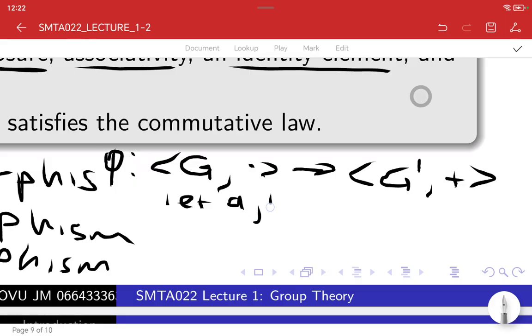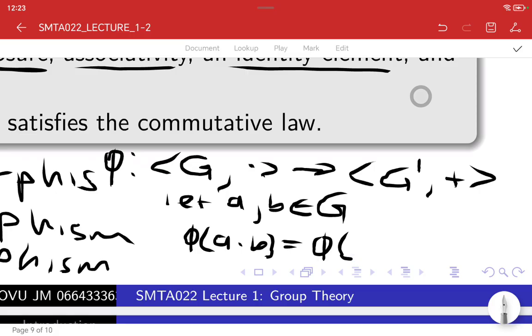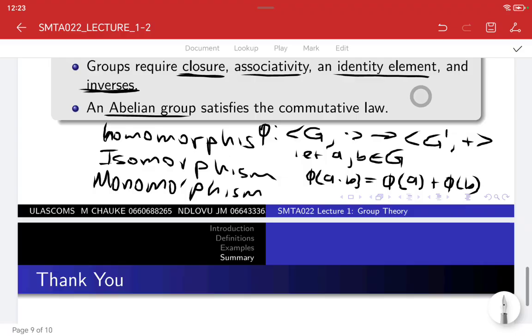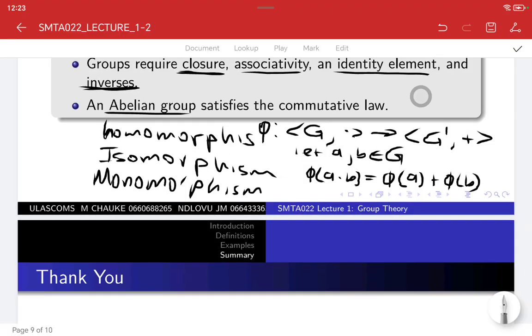So I take A, B, which are elements of G, which has a binary operation of multiplication. Then I apply the function to A times B, and I find that the solution is phi of A plus phi of B. Therefore I can assume that this is a homomorphism.